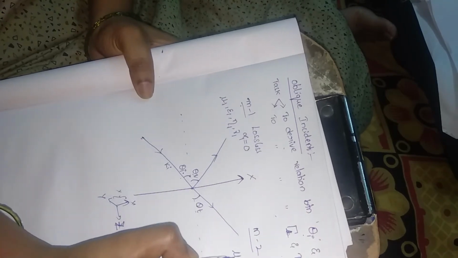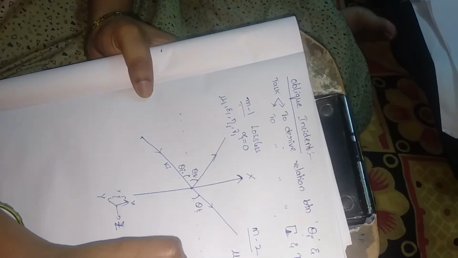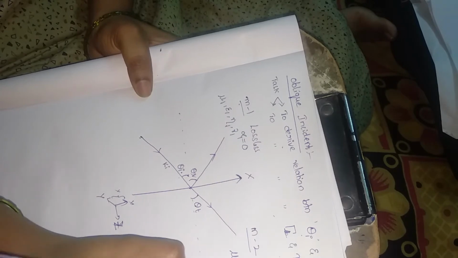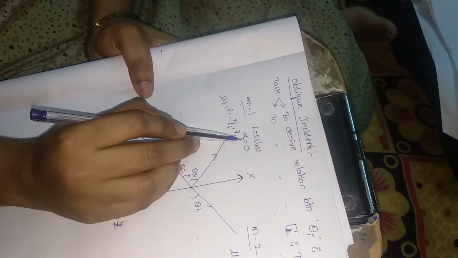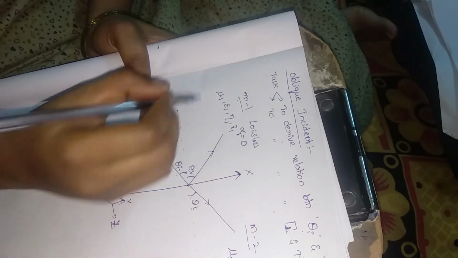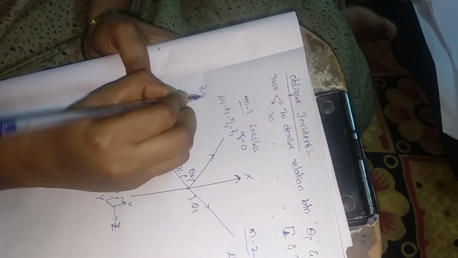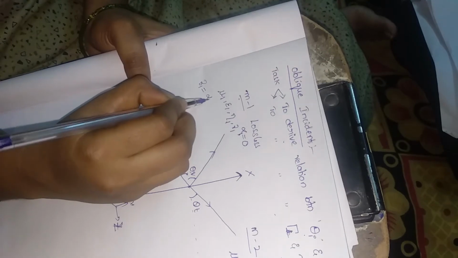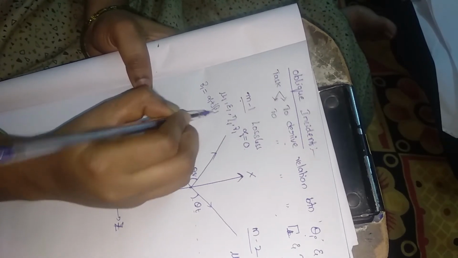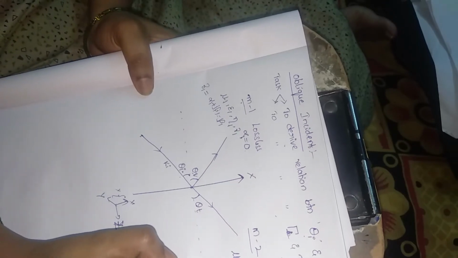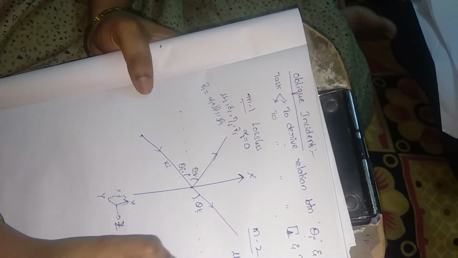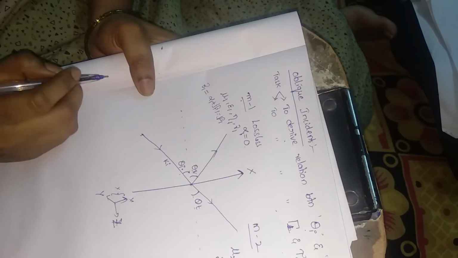These parameters are permeability, permittivity, intrinsic impedance and propagation constant. Here the attenuation constant is 0. Therefore the propagation constant gamma 1 is equal to alpha 1 plus j beta 1, which becomes j beta 1. In the same way gamma 2 is equal to j beta 2.